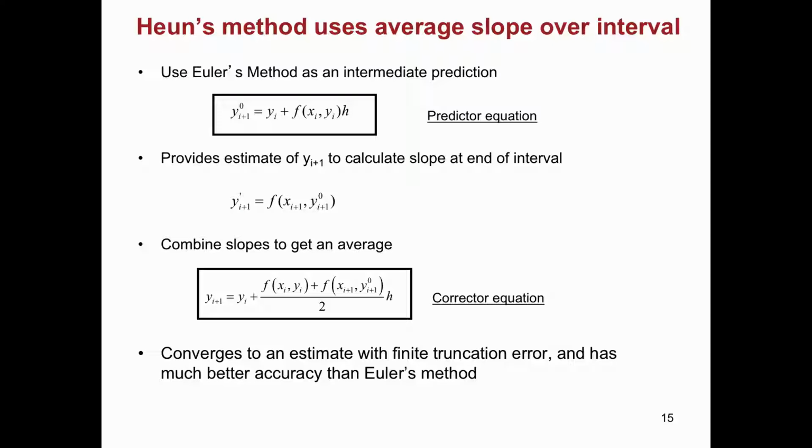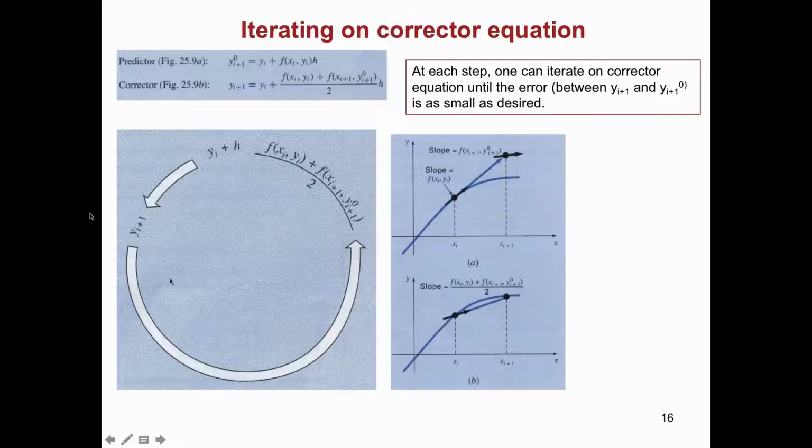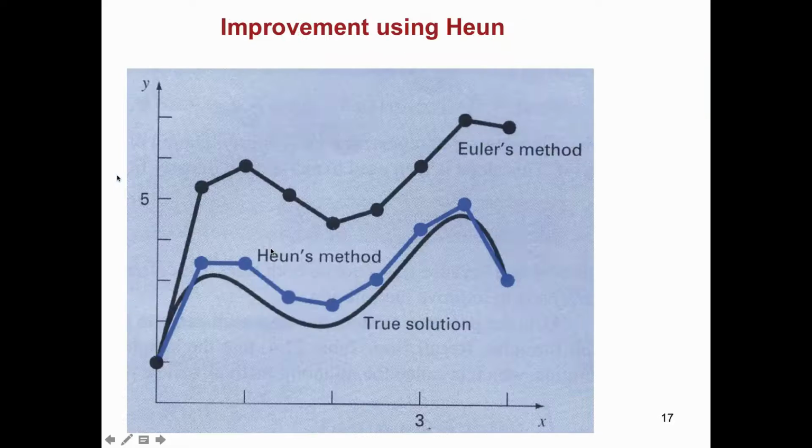So set some epsilon and get better. We're not going to go there, but that's a possibility. So this is basically how you loop inside. At each step, you just keep doing this correction until some error between the two values is small. Okay? So this is what we just did with Heun's method.